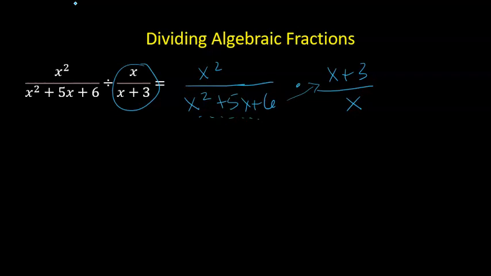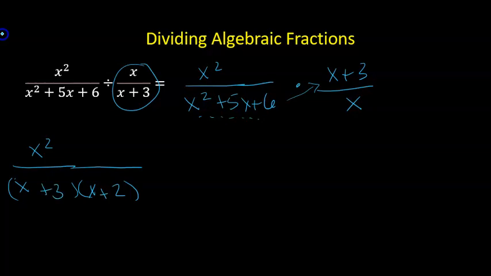What would it look like? Let's keep the top number as it is. x, x, 6, yeah, let's do 2, and then 3, plus x plus 3 over x.